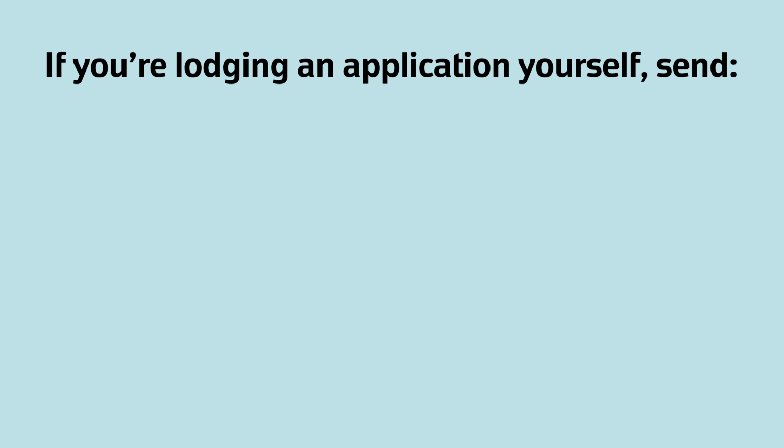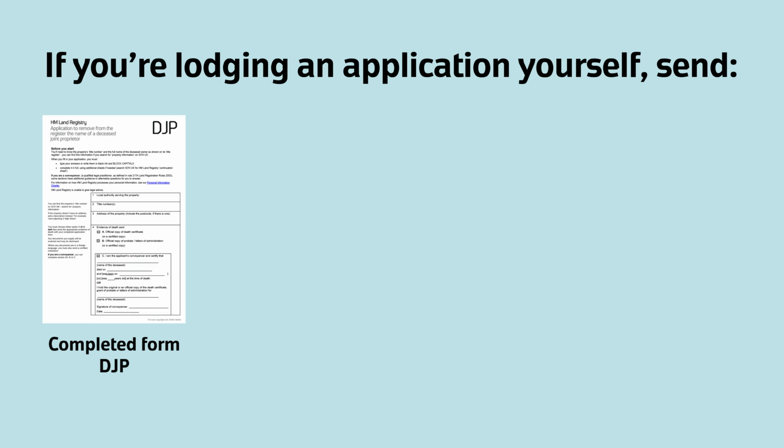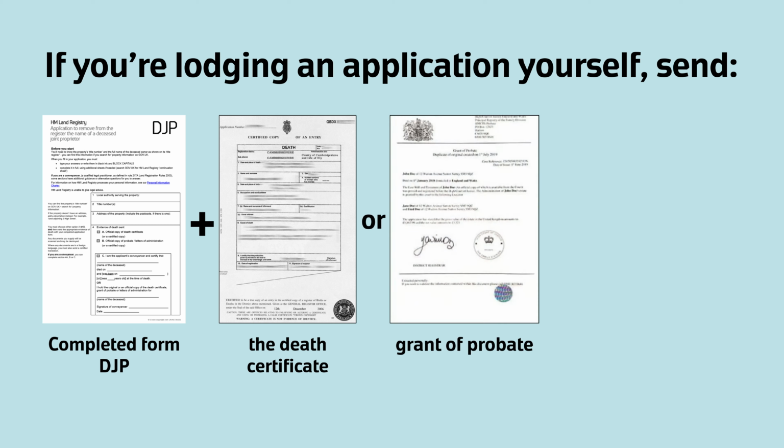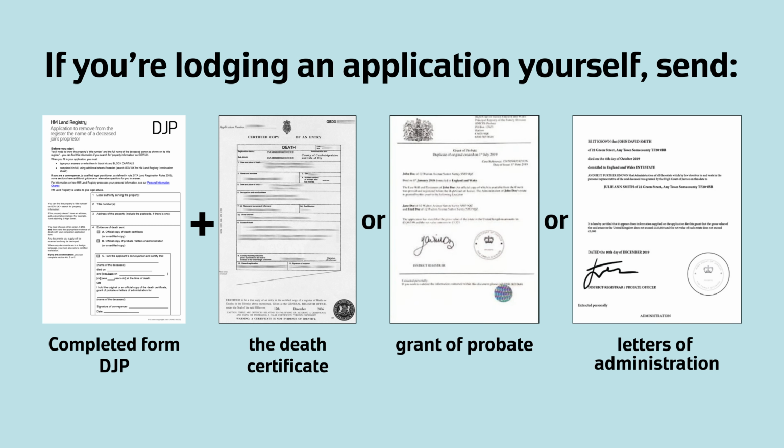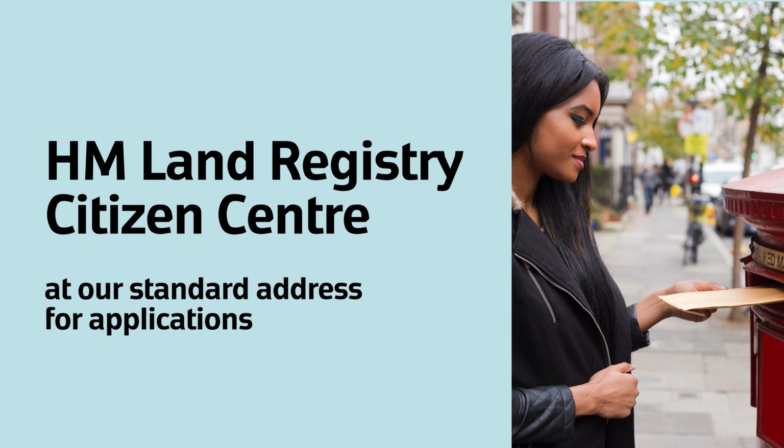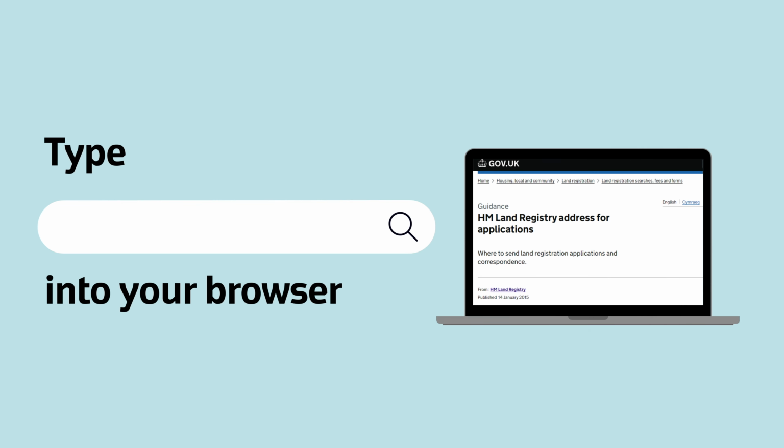If you're lodging an application yourself, send us your completed Form DJP along with a copy of the death certificate, probate or letters of administration to HM Land Registry, Citizen Centre, at our standard address for applications. Type HMLR address into your browser.